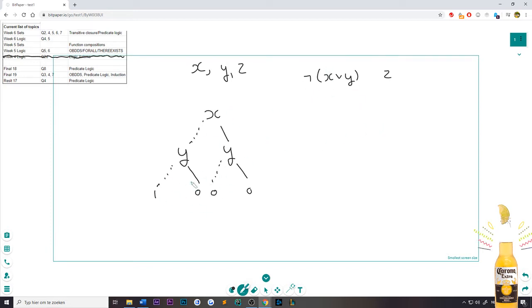But this is not reduced yet, so if we want to reduce it, first we're going to apply C1, right? With C1, we take all the leaf nodes and we collapse them. Okay. And then we can apply the other steps.